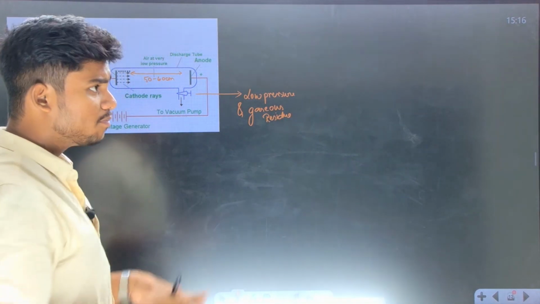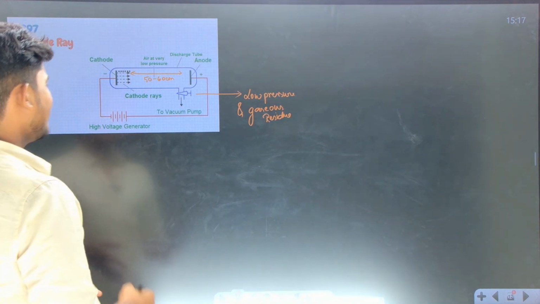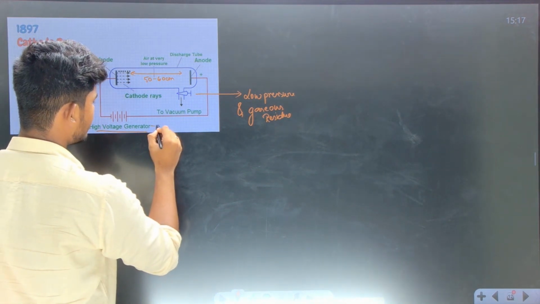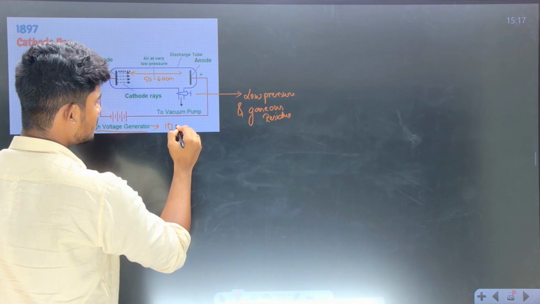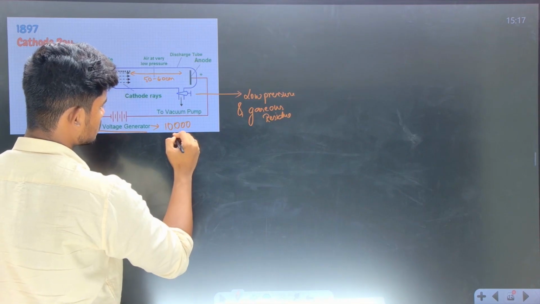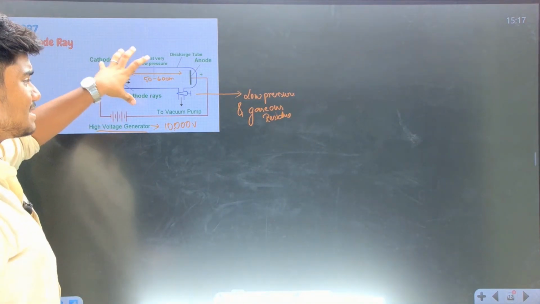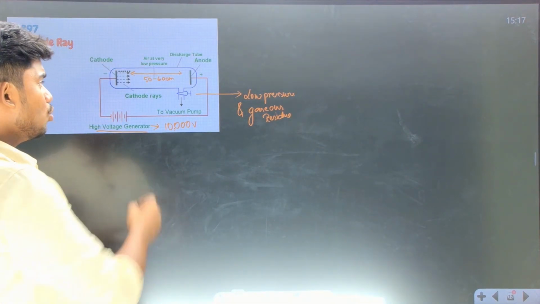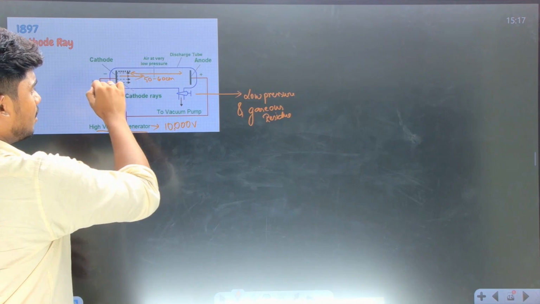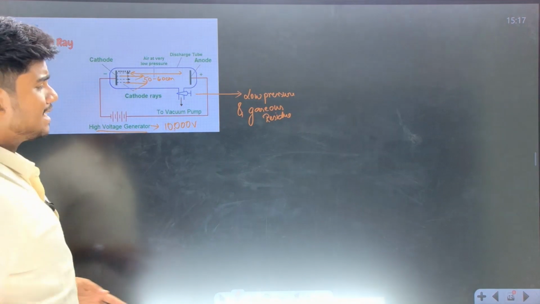Now when there is low pressure and gaseous residue, he used a high voltage generator and discharged around 10,000 volts of electric current inside this discharge tube, that led to movement of cathode rays inside the tube.